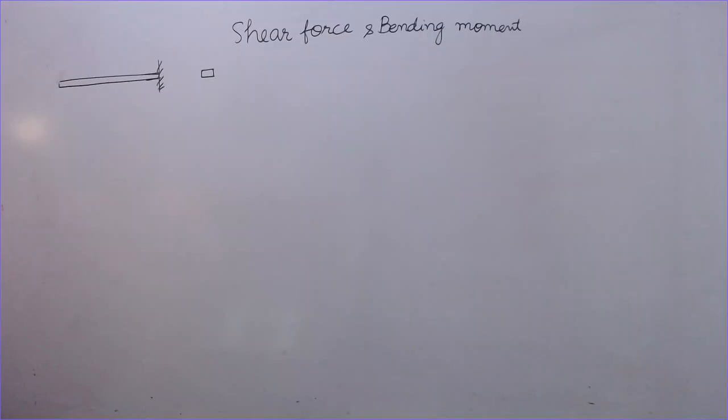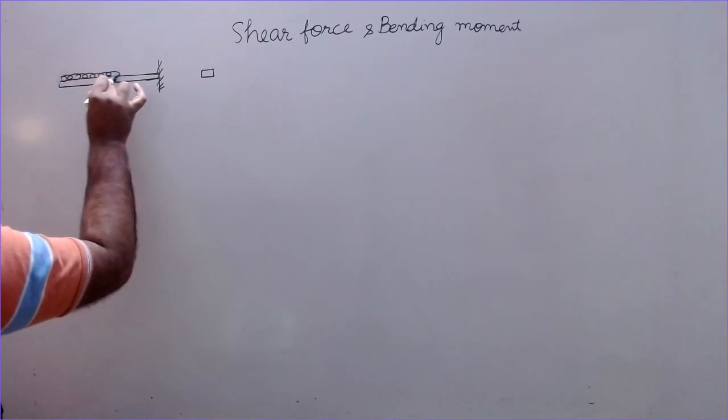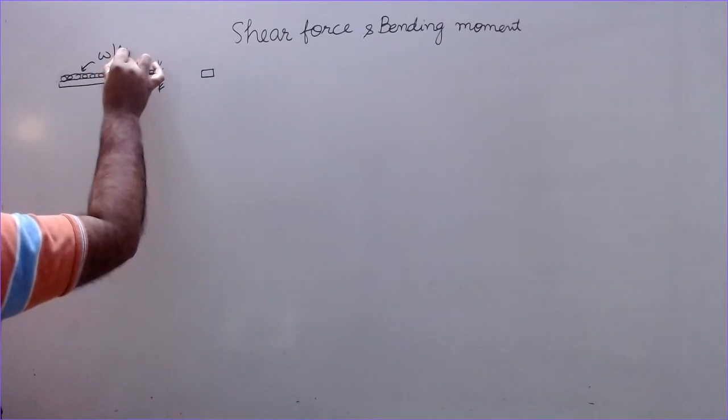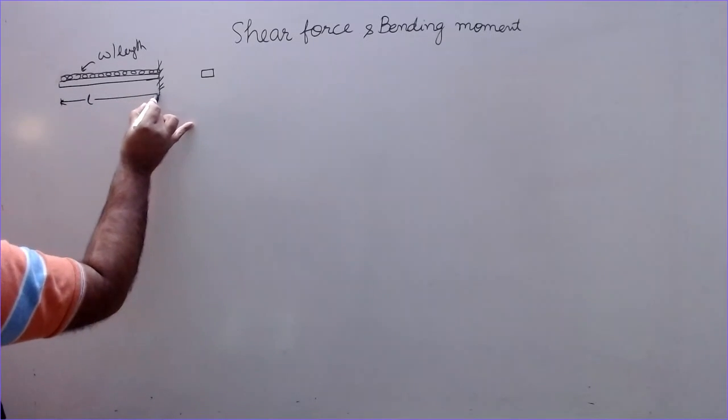So here it is having the uniformly distributed load, W per unit length. L is the length of the cantilever. So what is UDL?